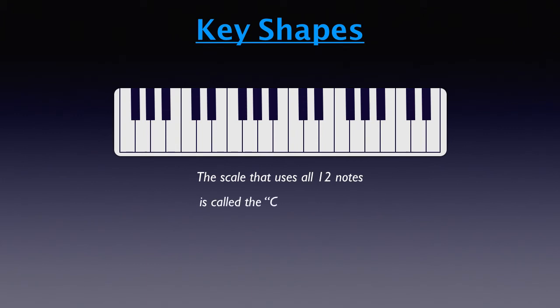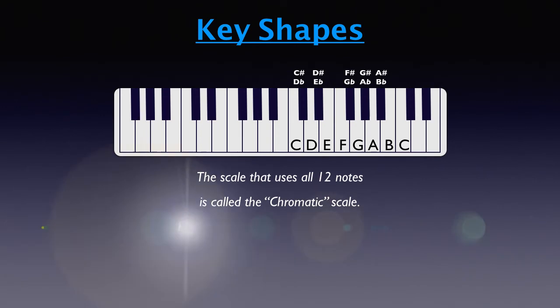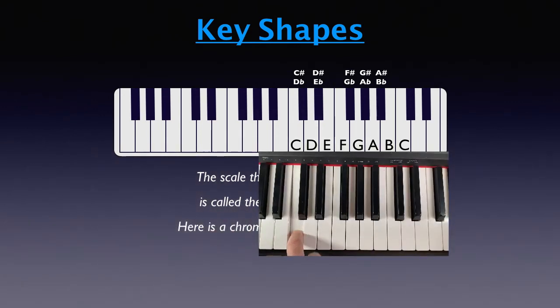The scale that uses all 12 notes is called a chromatic scale. Chromatic scale sounds like this.